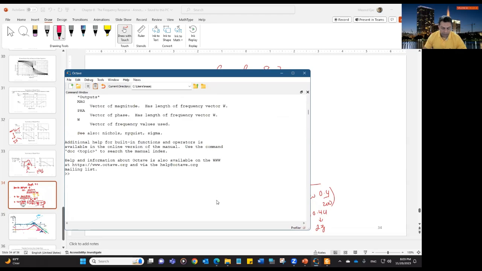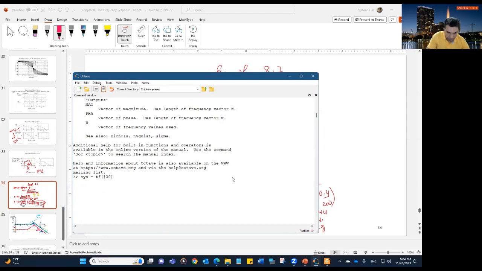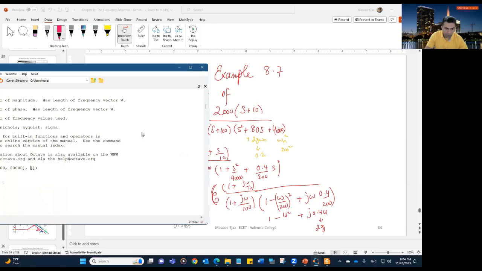All right, so let's define the system first. So my system is my transfer function, and I have transfer function 2000 as, so my 2000 times 20,000 is my numerator, and what do I have in the denominator? So I'm going to go ahead and calculate a polynomial using the poly function.